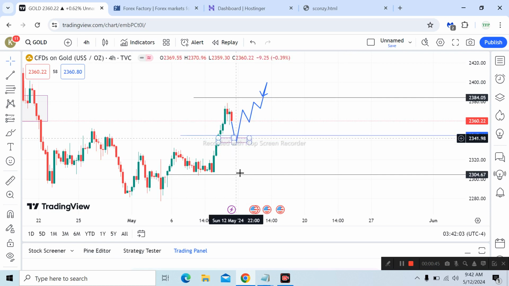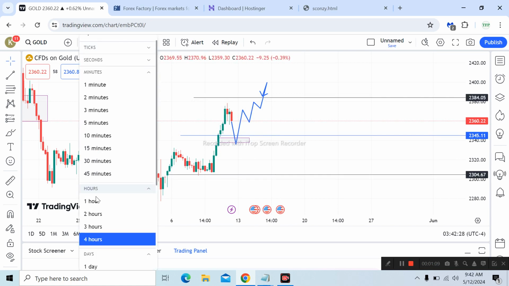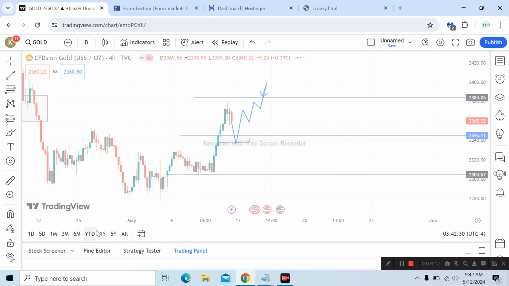We are on the 4 hour time frame now on gold. So we are looking for price to make a run to this fair value gap here. And when price makes that run, we look for a buy setup straight to the upside. Then we come back to our daily.